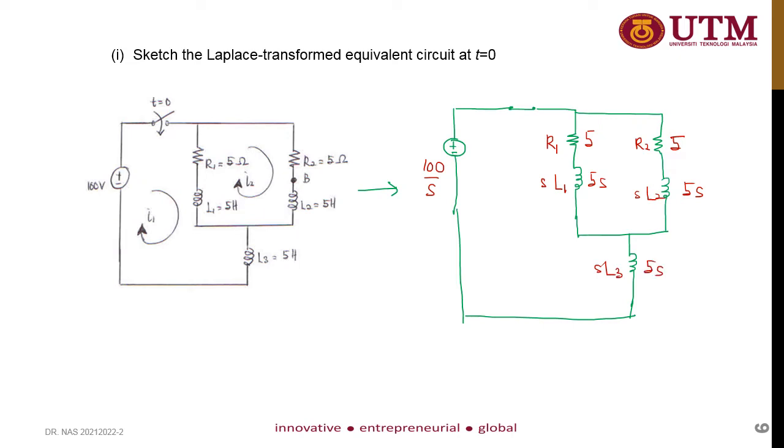And don't forget to convert the current as well, so you have I1(s), and in the second loop you have I2(s). So this is the complete Laplace transform equivalent circuit at t equal to 0.